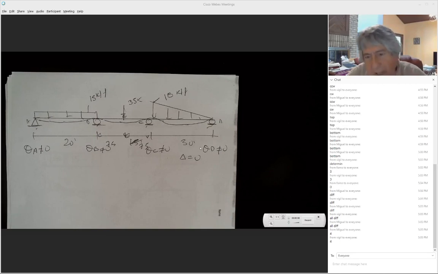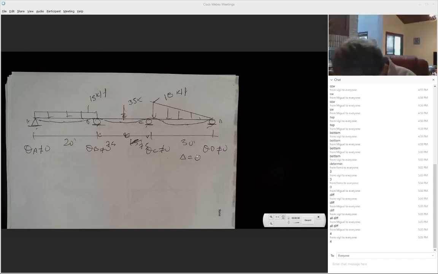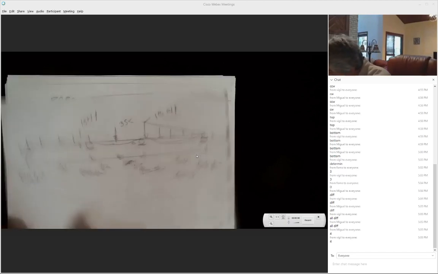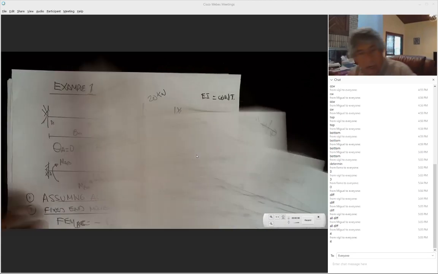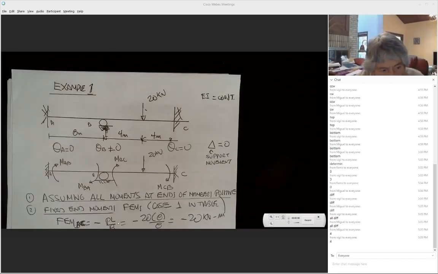However, no matter if I do 4 equations with 4 unknowns, when I finish, I computed before. In the previous problem, I computed the moment AB, the moment BA, the moment BC, the moment CB.